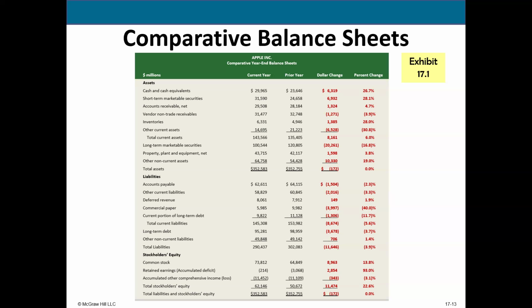The reason why we wouldn't care too much about that is because there was no real change in terms of the total assets. As a manager, I just wouldn't care as much, because there's no trend there. It's just kind of a flat trend. And sure, there's some importance there.